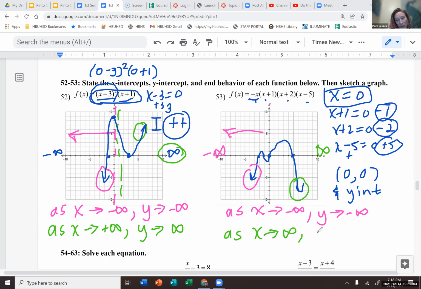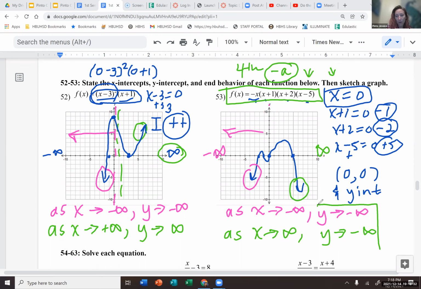It's also going towards negative infinity because the even degree means that both of the arrows point in the same direction. So if I was just looking at the equation, I could see, oh, that's 4th degree and it's a negative a value. So that means to me that both of the arrows would point down. That's enough information for me to talk about the end behavior. Since they're both going down, the answers here are both negative infinity.